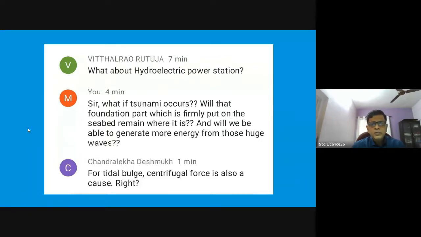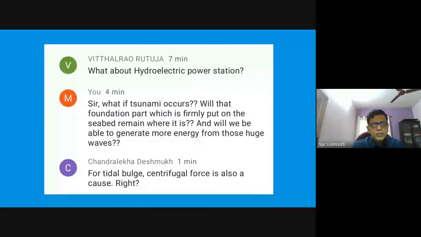It's going to be very smooth during the winters, and it starts getting stronger during the early months of the summer, and during the southwest monsoons the waves are going to be very, very strong. So you have to be very careful, and a lot of research needs to be done before fixing a particular gadget which is going to give us wave energy at a particular location. I hope that satisfies your query.